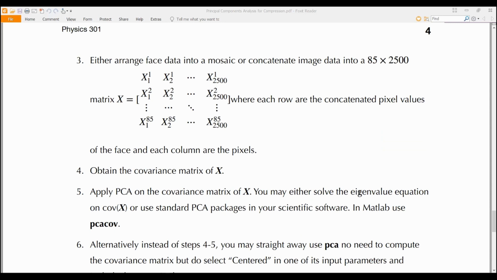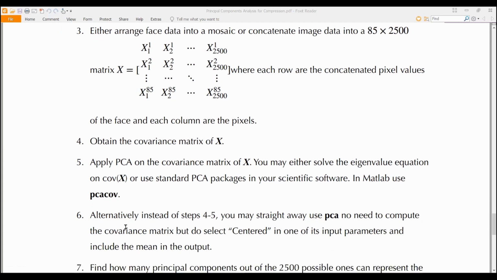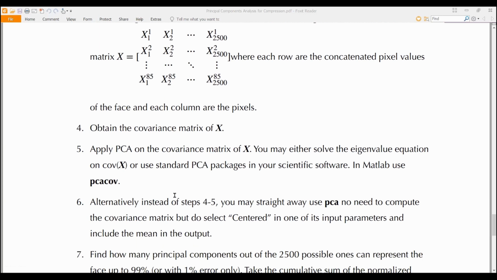So you may either solve the eigenvalue equation on cov X or use the standard PCA packages in your scientific software. So PCA already comes in most scientific software. In MATLAB, you could use PCA cov and let it act on the covariance of X. Alternatively, meron pang isang function available.